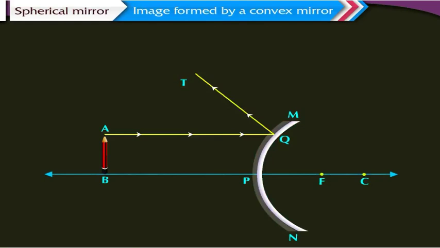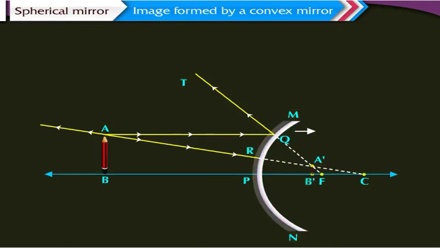According to the rules, the ray appears to come from focus F. The other ray, AR, traveling towards the center of curvature C, gets reflected along the incident path as ray RA. The two reflected rays, QT and RA, do not actually meet at a point, but appear to meet at point A1 behind the convex mirror.